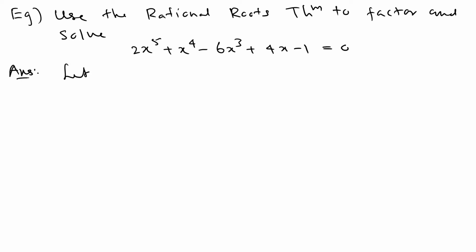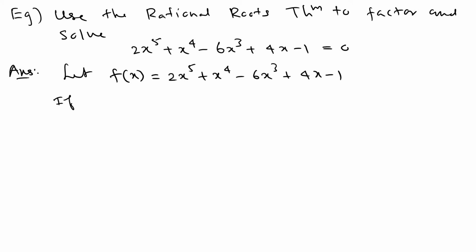So we can say let f(x) = 2x^5 + x^4 - 6x^3 + 4x - 1. So we pick the polynomial, and then we can assume the roots.